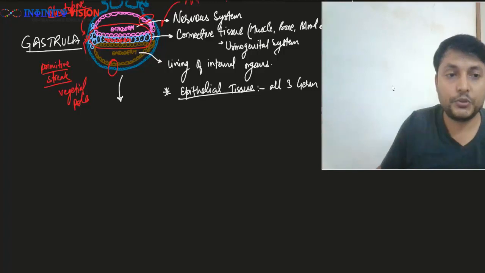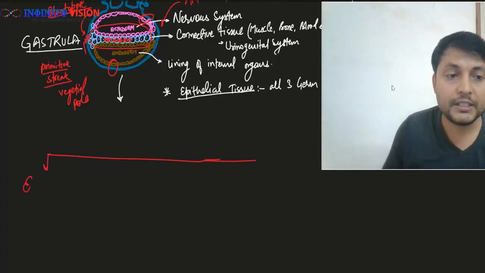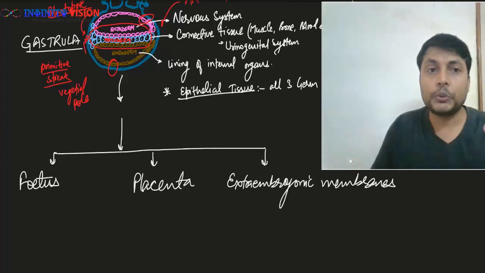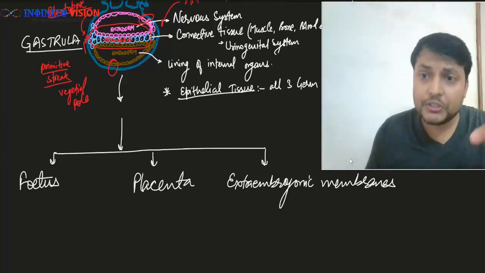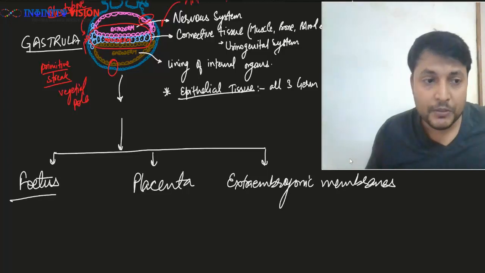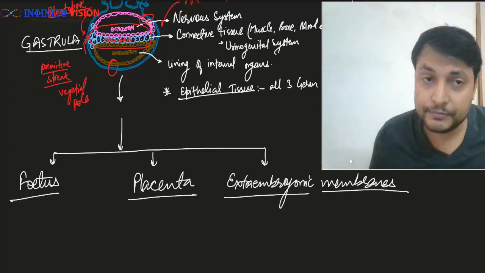So when we look at this entire embryonal structure, later it is going to develop into three structures, right? What are these three structures? Number one is the fetus itself, which is the most important thing here. So the embryo gastrula is going to develop later into these three structures: fetus, placenta, and extra embryonic membranes, right?